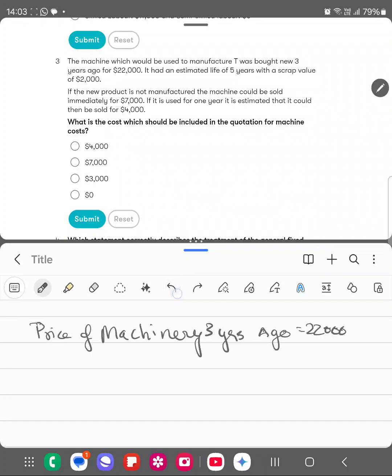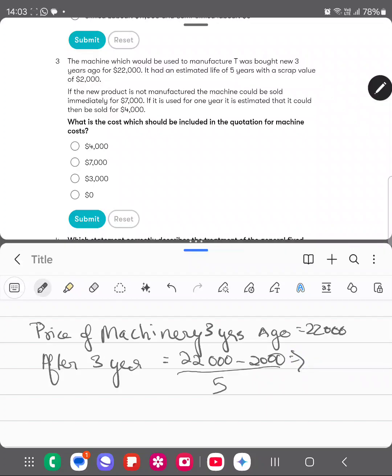Yeah, so it was 22,000, and after 3 years, what will be the price? It will be 22,000 minus 2,000 divided by 5. So it will be 20,000 divided by 5.